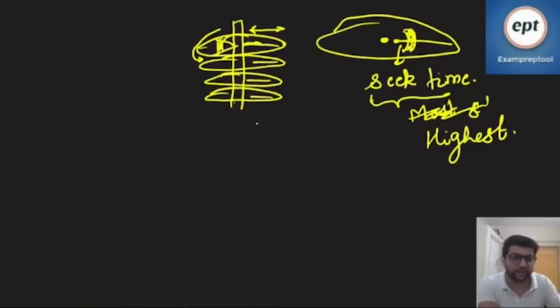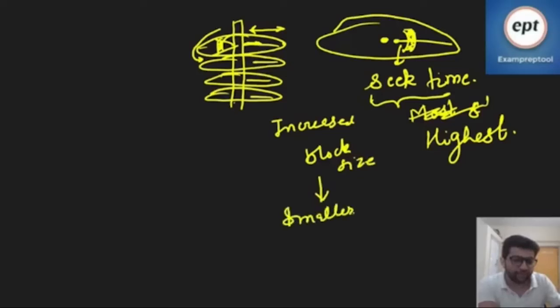So if we want to transfer a very large file, and we have increased block size, then that particular large file can be stored in a smaller number of blocks, right?